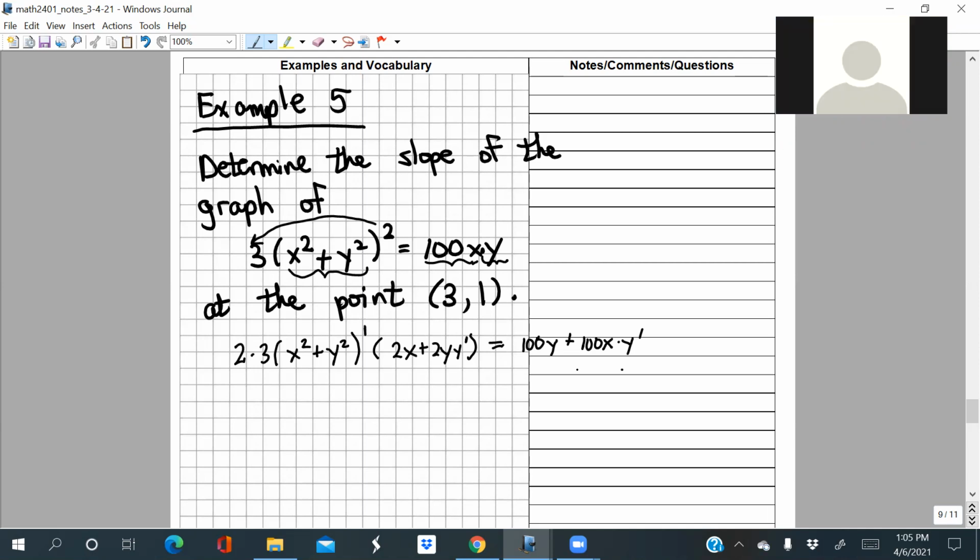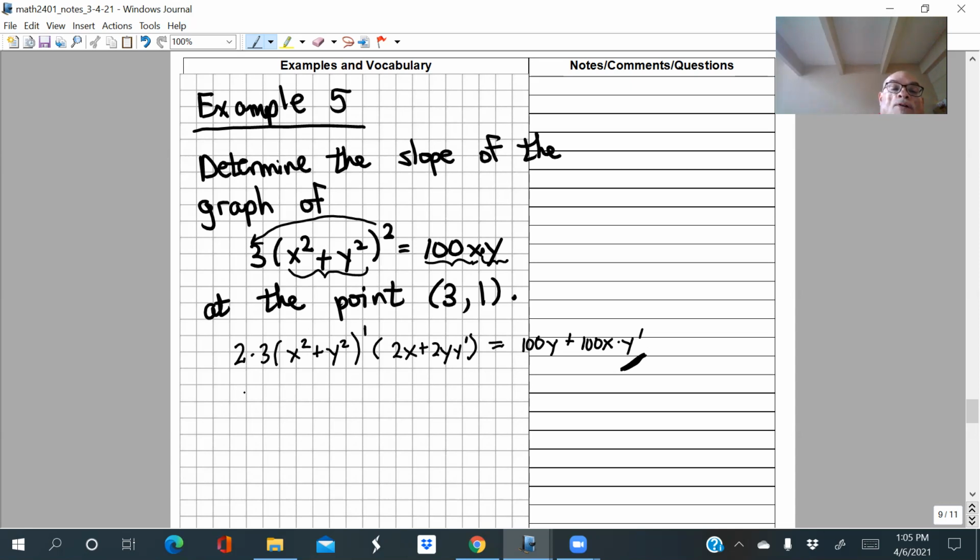We've already differentiated, right? So we differentiated both sides. That's what Donna helped us with. And now what do we have to isolate out of this equation? Y prime. The y prime, right? Okay. So you have to solve this equation for the y prime.